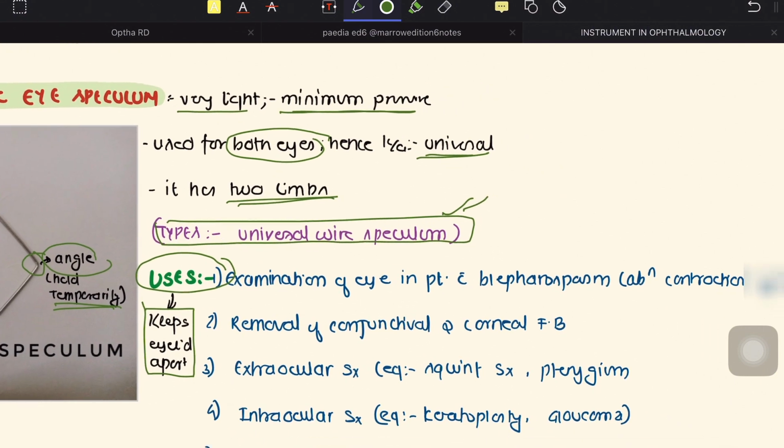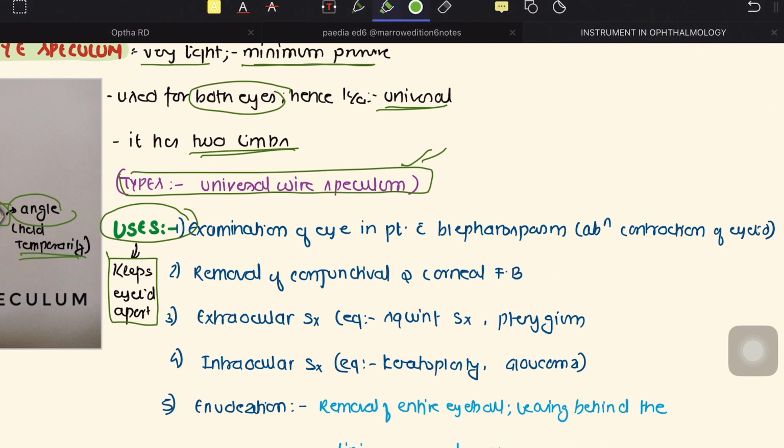So what are the uses of this instrument? It is used for examination of the eye in patients with blepharospasm, as in such patients it is very difficult to open the eyes. The next thing is that it is used for removal of conjunctival and corneal foreign bodies. As we are exposing the eye very nicely, it helps us remove the foreign body from the conjunctiva as well as the cornea without damaging it further.